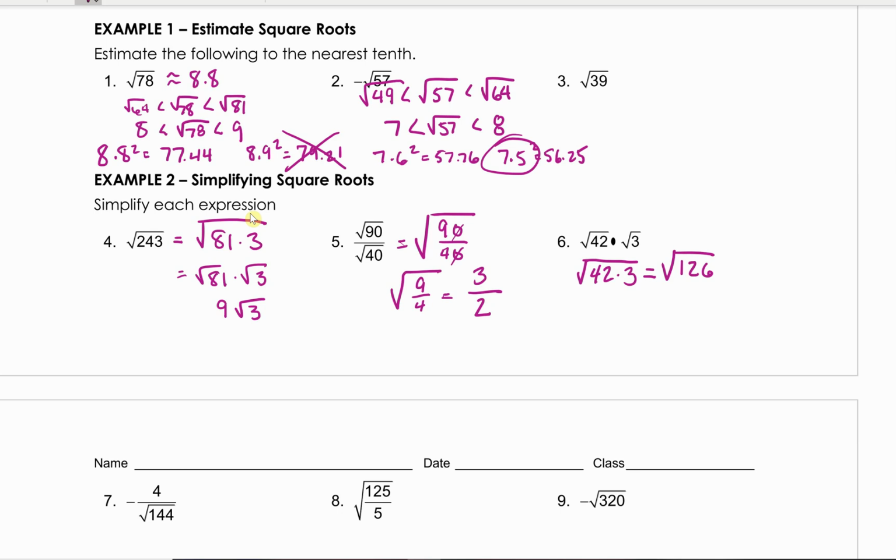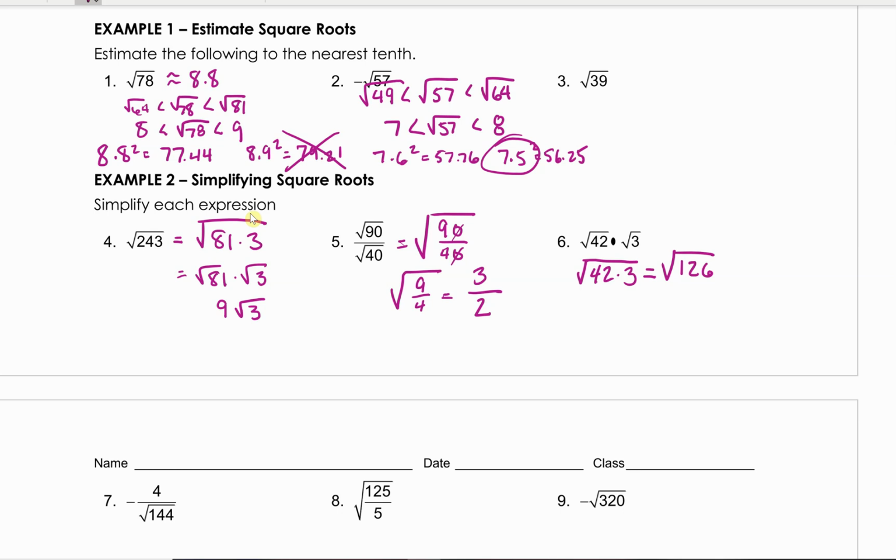Let's see, divide that by 3. No, wait, that's what I just did. Divide it by 16. No. Divide it by... No. Wow.